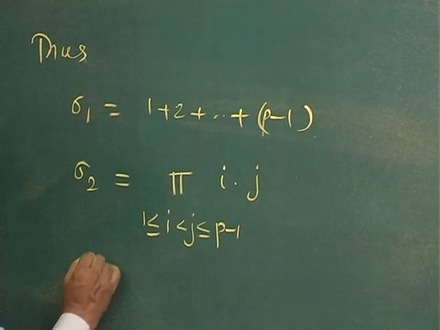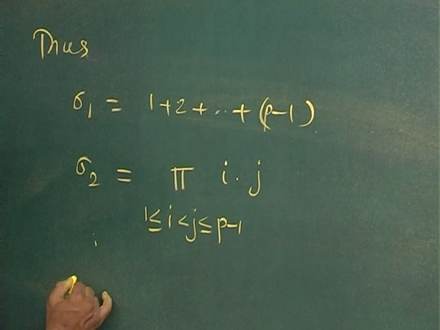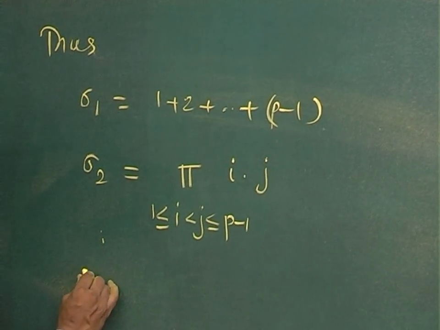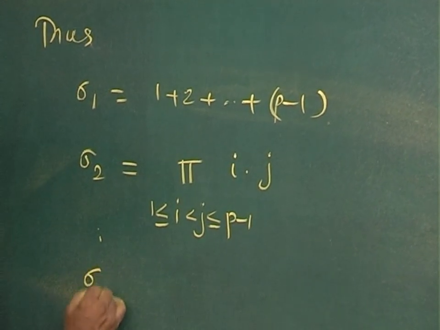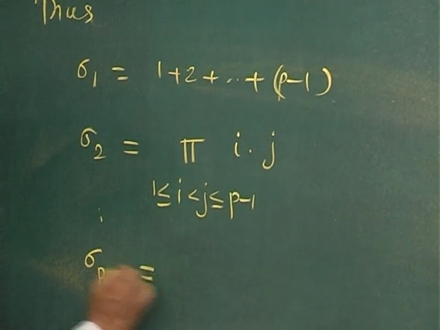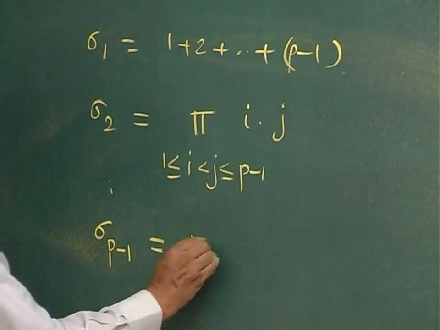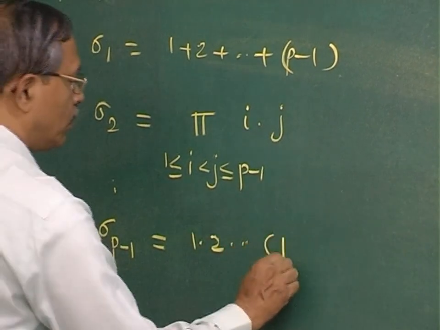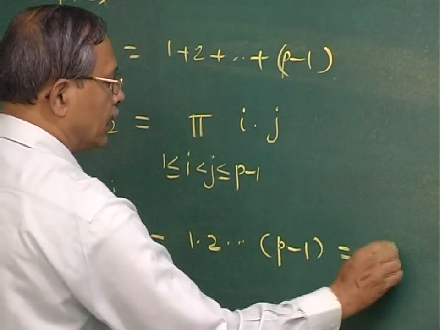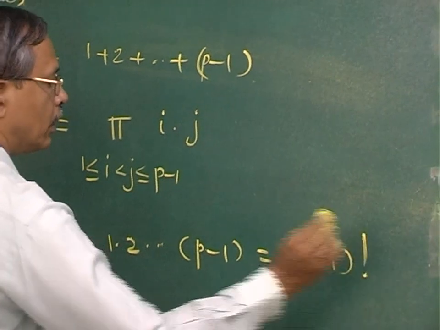And so on. What is sigma (p minus 1)? It is the product of all the roots. So 1 into 2 etc. up to p minus 1, that is (p minus 1) factorial.